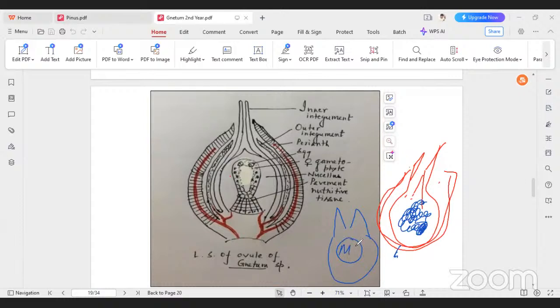This is the MMC. Meiosis division gives 1, 2, 3, 4. One is active, the remaining degenerate, and this one develops like this into the female gametophyte. Inside the female gametophyte, the egg cell develops like this. The female gamete, or egg, is developed. So this is the development.